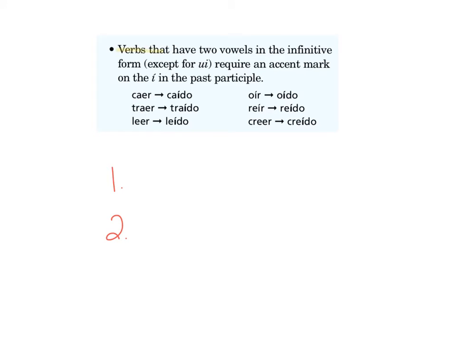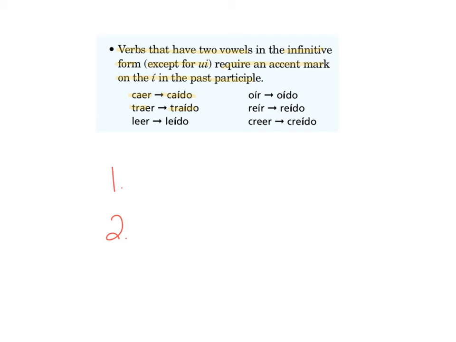There are some verbs, like verbs that have two vowels in the infinitive form, except for the UI verbs, like destruir and so on, that require an accent mark on the I in the past participle. Here are some examples. Caer becomes caído con acento. Caer means to fall. Traer becomes traído.